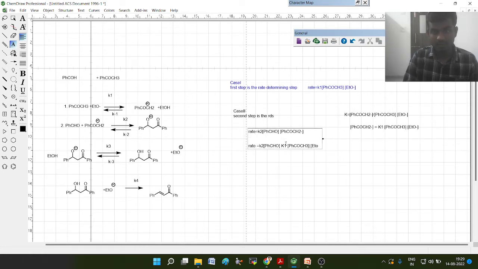So overall we got this as a rate expression if we consider case 2, where the second step is the rate determining step.